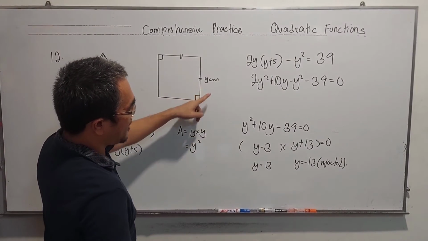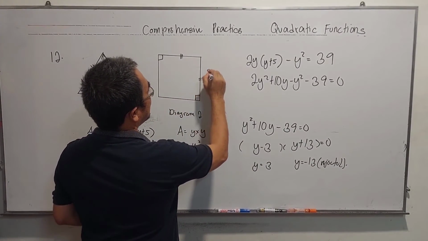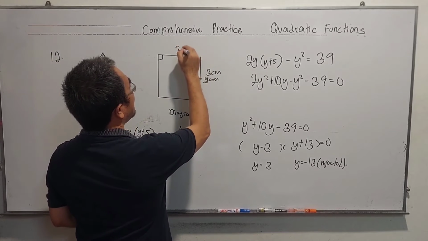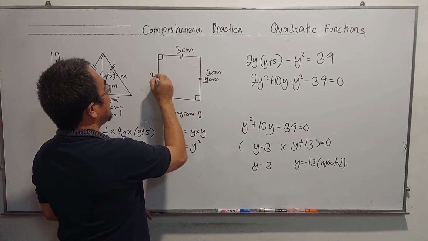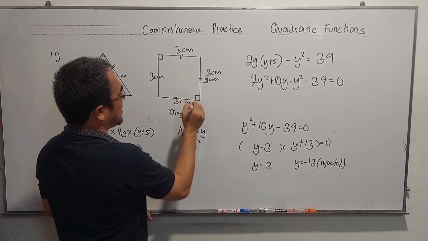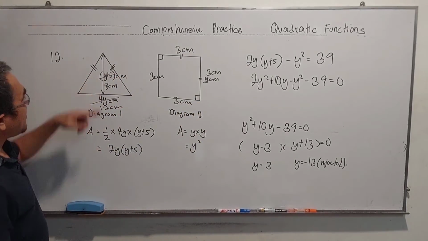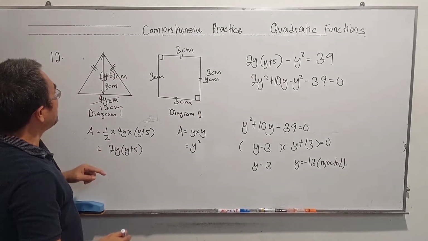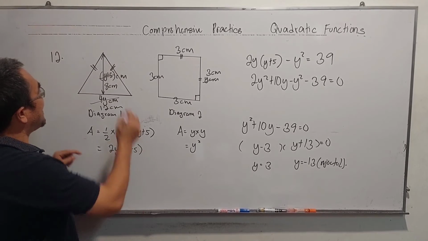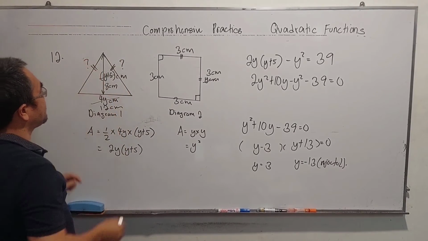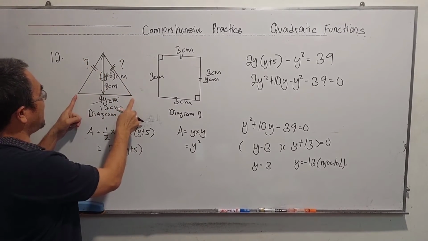And for the square, it will be 3 centimeter on each of the four sides. But for the triangle, in order to calculate the perimeter, you need to calculate the length here and here. You already know that it's 12 here.